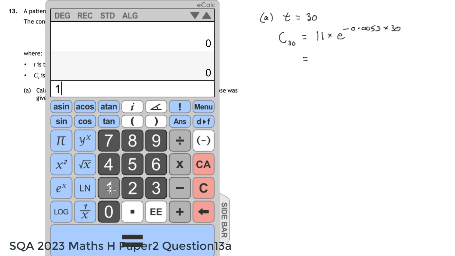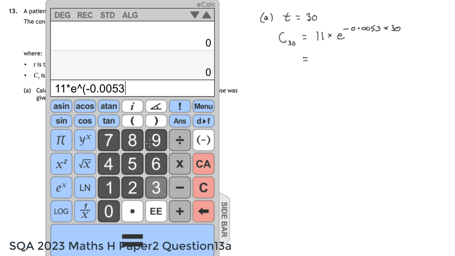We have 11. We're multiplying it by, now on your calculator you should have an e to the power x button. That's the one you want to use, e raised to the power of, in this case it's a negative number, so I'm using the negative key, 0.0053, and we're multiplying that by 30. We're making sure that the whole of the power that we're raising e to is in brackets, and there's a negative in there.